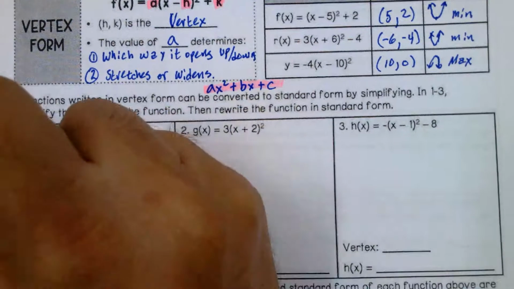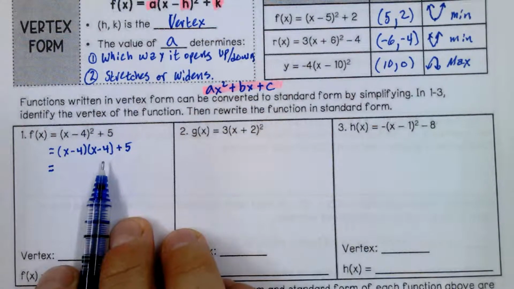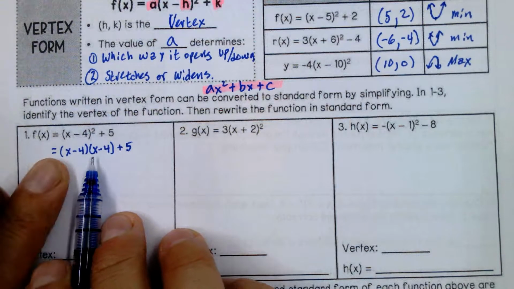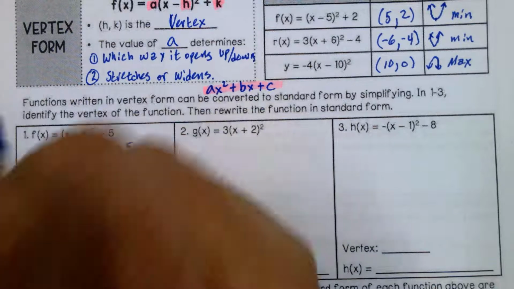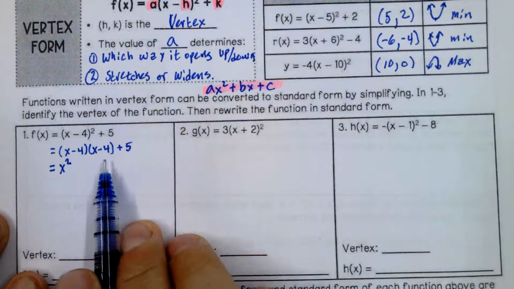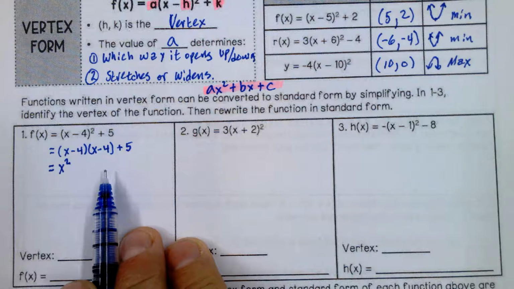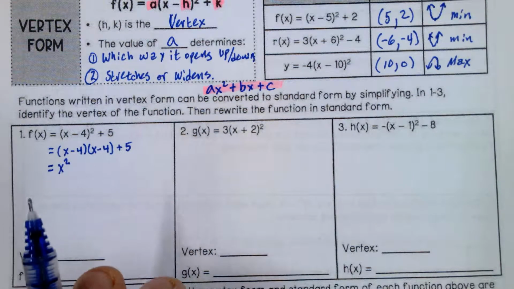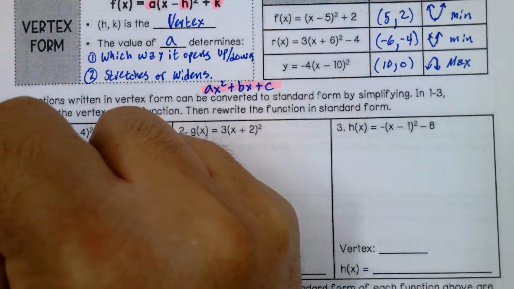Now we can either use the FOIL method, any method you like, but we have to multiply these together. I'm going to do first, outside, inside, last. So this is going to be x times x, x squared. Then I have to multiply x times minus 4. That's negative 4x. Then negative 4 times x. So negative 4x plus negative 4x is negative 8x.